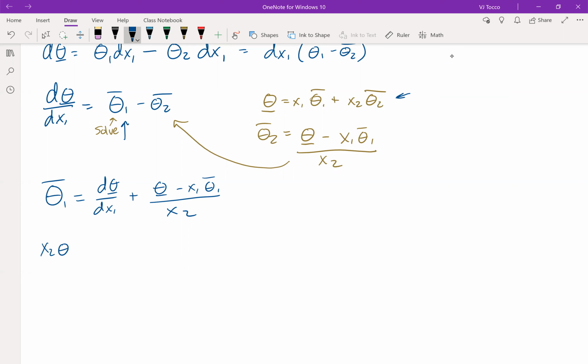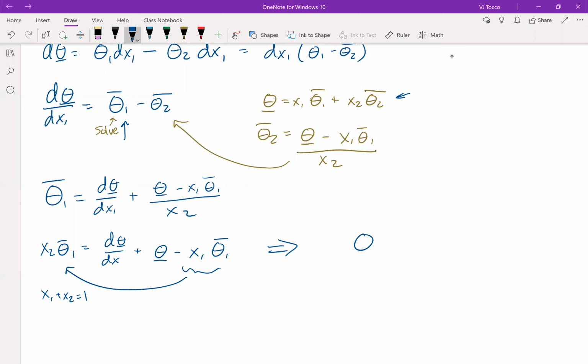So I've got x2 partial molar 1 is equal to d theta dx1 plus theta minus x1 partial molar 1. And take this term over to the other side and note that x1 plus x2 must be equal to 1 by the physical constraint, such that I can factor out a partial molar property 1, and then I'm left with x1 plus x2, which is 1.